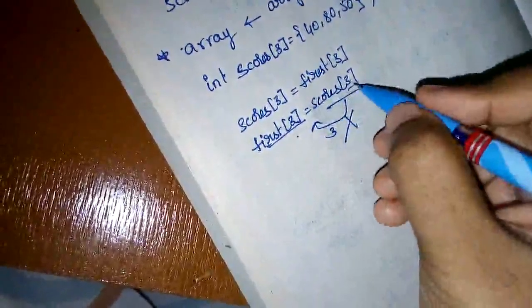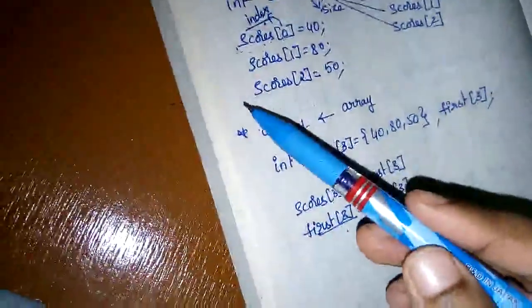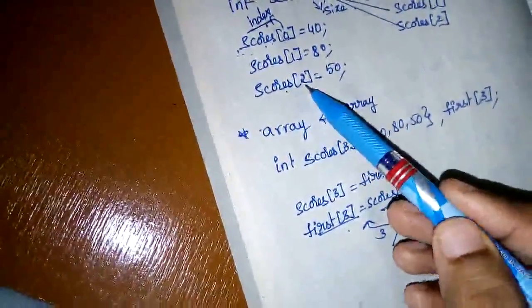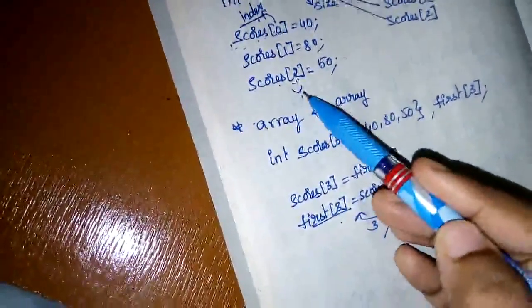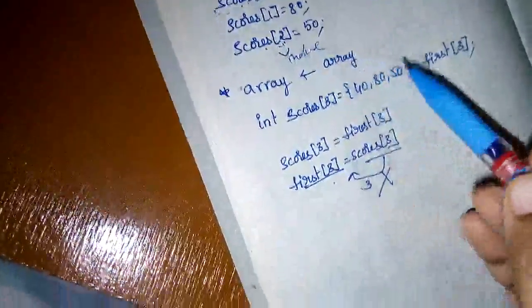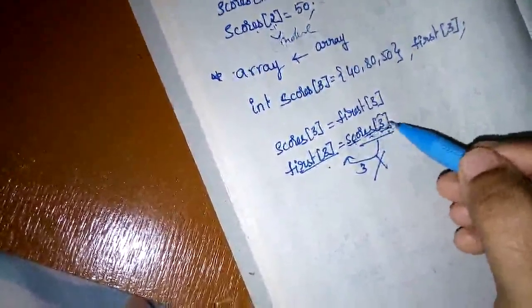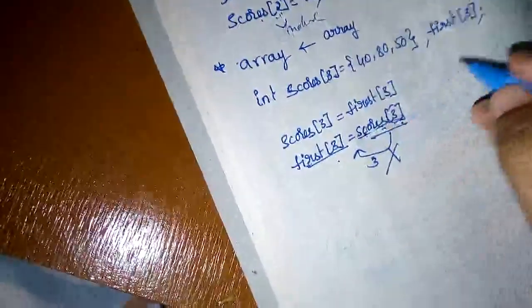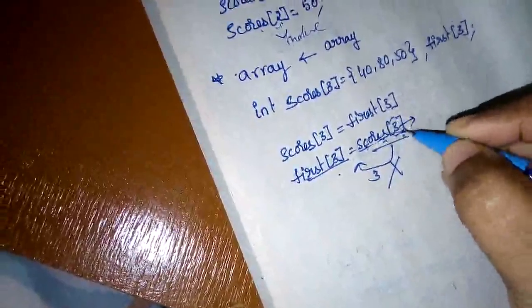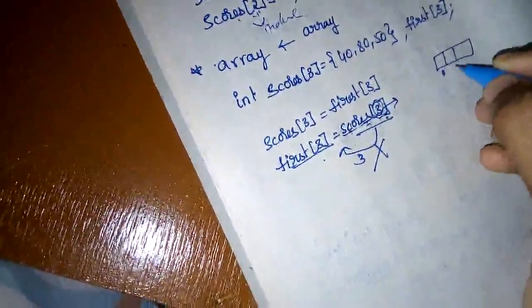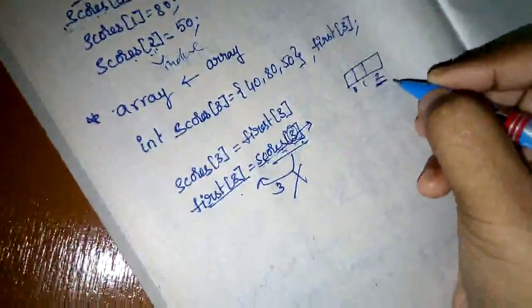If you write like this, as we have said, if you use an array name followed by a number, it indicates the index of that element. So if I write scores of 3, it takes only the element at index 3. But do we have index 3 here? If you need to store 3 elements, the indexes are 0, 1, 2, and the index ends with 2.